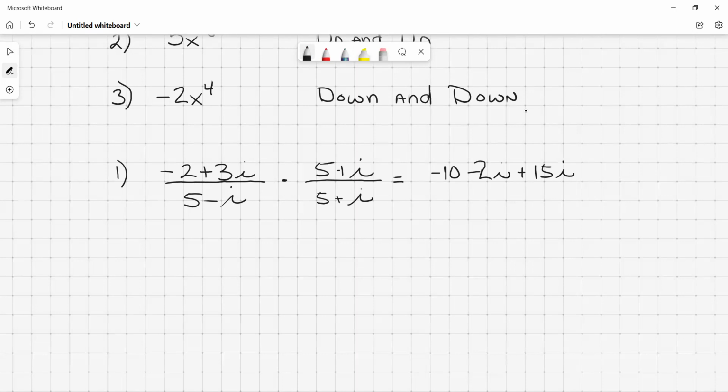And then the 3i times the positive i, which is positive 3i squared. All of that is going to go over, you got 5 times 5 on the bottom, which is 25.